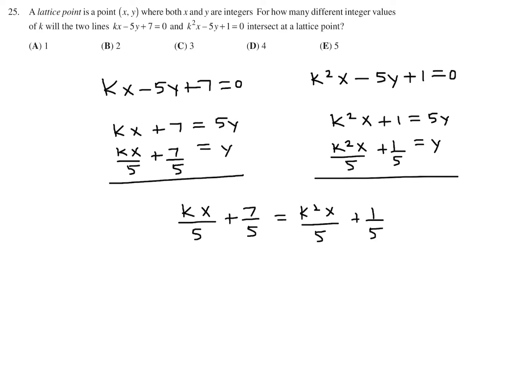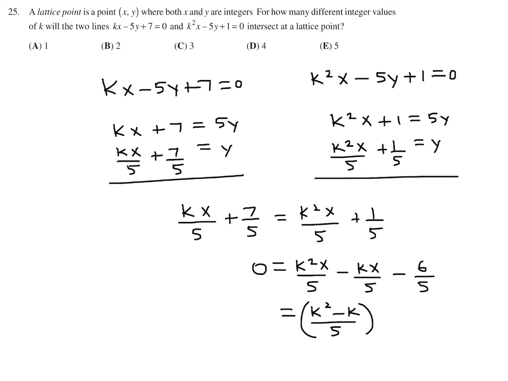Put everything on one side here, so we got k squared x over 5 minus kx over 5, and then this looks like 1 over 5 minus 7 over 5, so minus 6 over 5 is 0. Factor out an x, and you're going to get k squared minus k over 5, like that, x, minus 6 over 5, and that's 0.